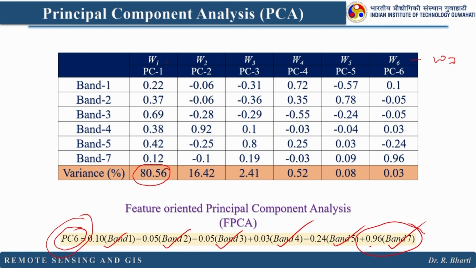If you compare this weightage with all the other bands, it is quite high. So it doesn't matter what the variance is, if I want to highlight some object which is very sensitive in band 7 of my observed data, then I have to find out which principal component is sensitive to that particular band. That's all. So that's all for today.